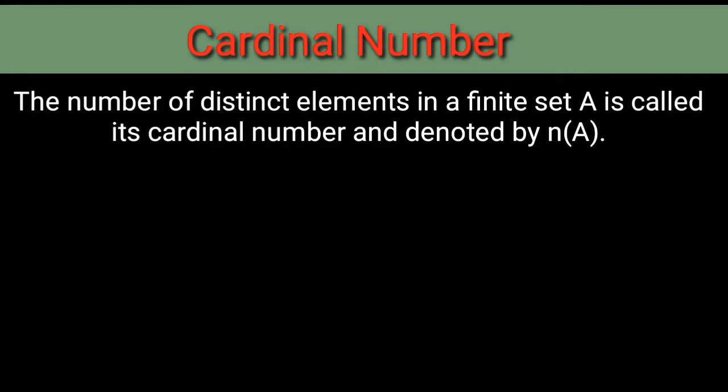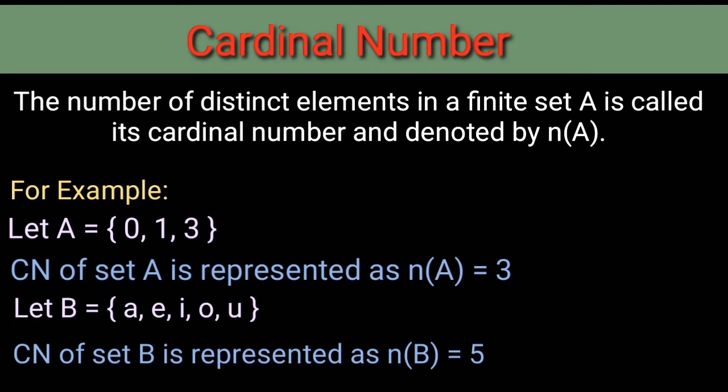Cardinal number. The number of distinct elements in a finite set A is called its cardinal number and is denoted by n(A). For example, let A = {0, 1, 3}. There are 3 elements, so the cardinal number n(A) will be equal to 3. In the same way, there are 5 elements a, e, i, o, u, so the cardinal number n(B) is equal to 5.